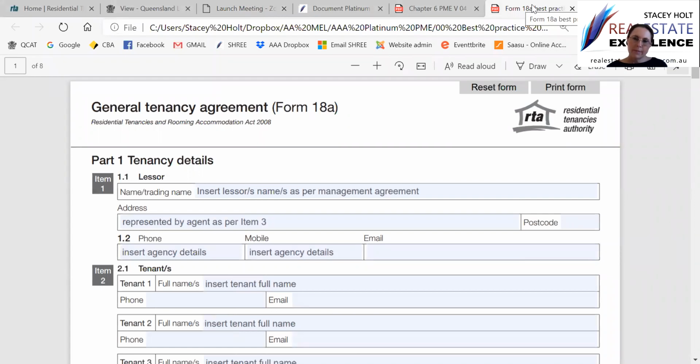Now, in my training and education services, or as part of membership advisory, when we show the template that members download from Member Online, I've often been asked over the years, "Stacey, your example looks different to ours." And I say, I know, but they're both right. It's cosmetic. I use the RTA Form 18A as my education training template.